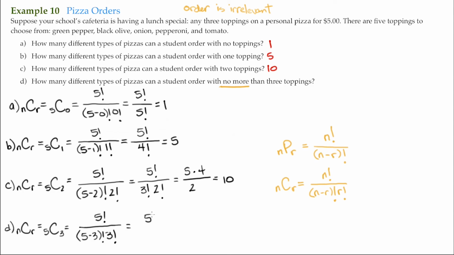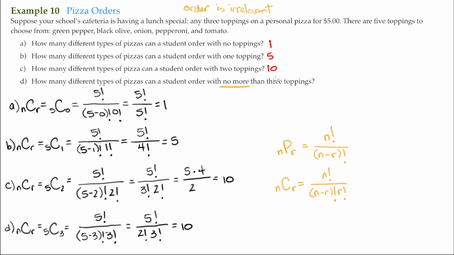That's 5 factorial over 5 minus 3 factorial, that's 2 factorial, times 3 factorial. And this looks just like this. So 5 choose 2 is also equal to 10. So there are 10 different ways that we can order it with 3 toppings.